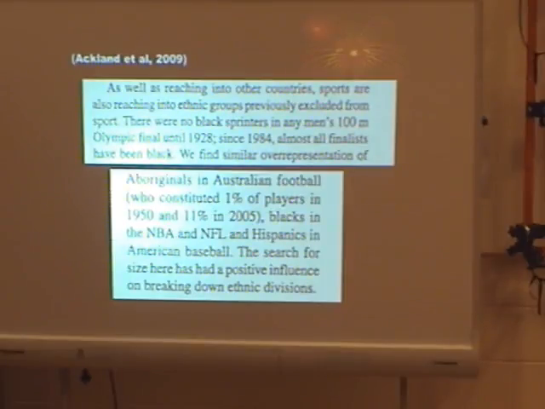I know in the US, when the first black player to play baseball, Jackie Robinson, came along, it caused a huge conversation, and it led to a whole new era of ethnic relations in the US. I mean, there's still some problems, but it does help break down ethnic divisions.